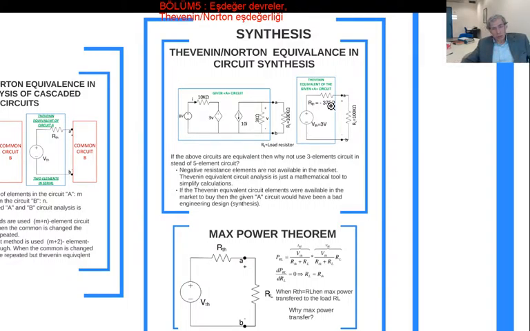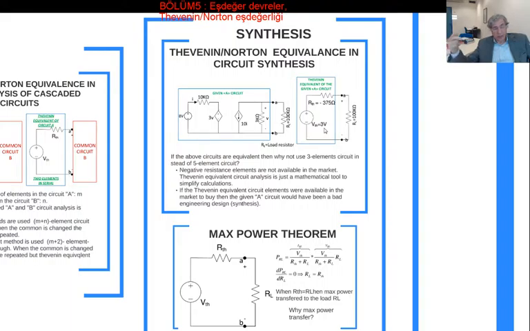So you're going to say that this is a mathematical tool in order to calculate one of the elements in our circuit. It is not a circuit that we could realize in practice. We cannot make that circuit in practice. So this is just a mathematical tool.